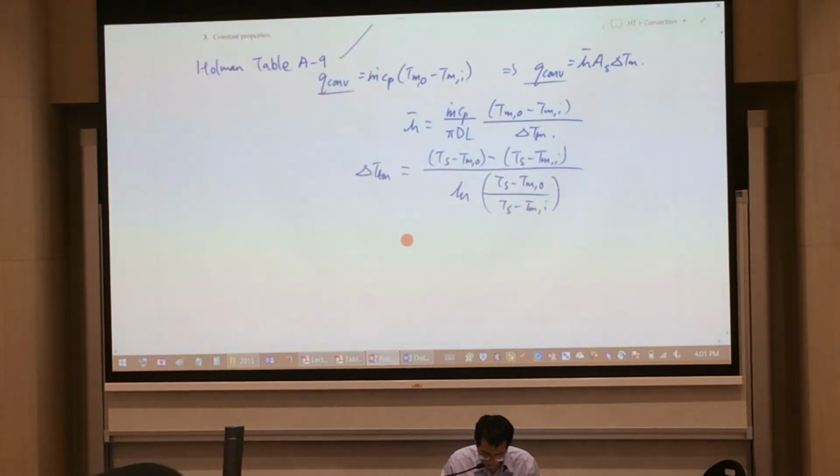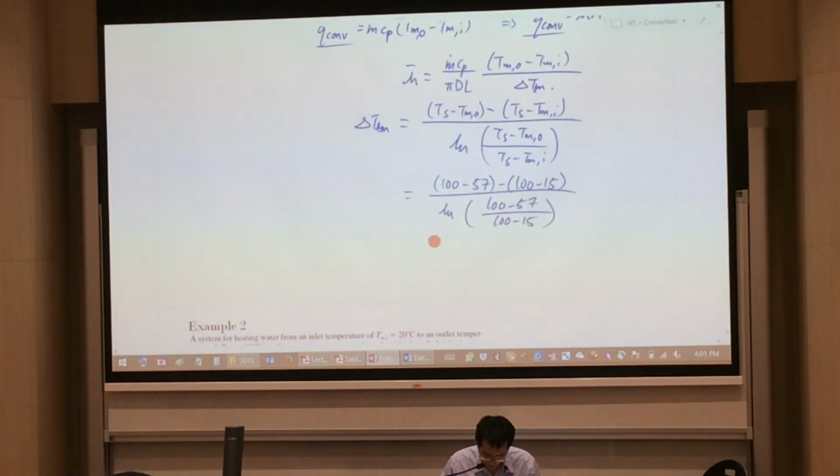So I can calculate that by putting in the values. That's (100 minus 57) minus (100 minus 15), divided by ln of (100 minus 57) over (100 minus 15). If I work it out, that will give me 61.6 degrees Celsius.